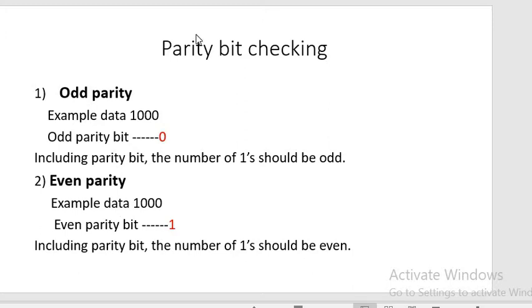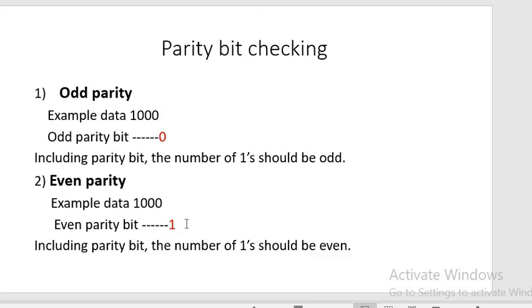My data bits are 1000. In odd parity, I have to send one 0 along with this. Including the 0, I get only an odd number of ones in my data. In even parity, along with my data, I have to send a 1, because the total number of 1s is even for this even parity.